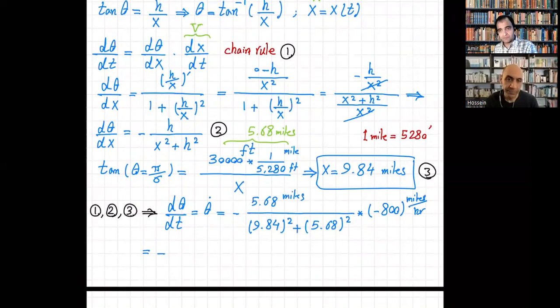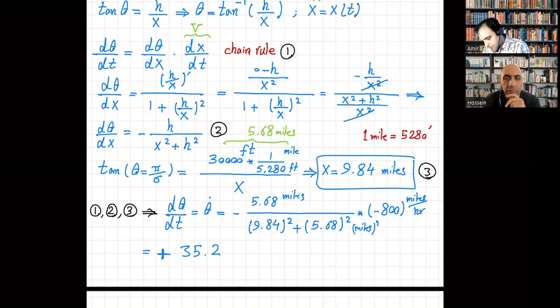Sorry, the final answer is positive 35.2. I'm going to check the units; it's very important to always check the units. The velocity is in miles per hour. In the numerator we have miles, and in the denominator miles squared, so the miles cancel out.